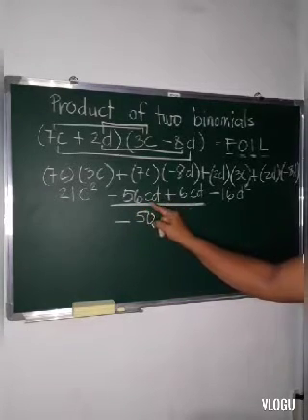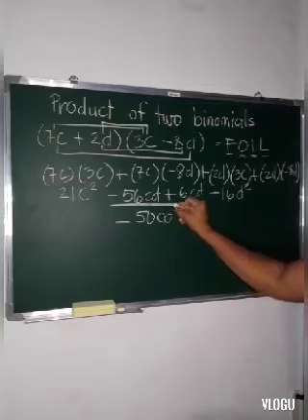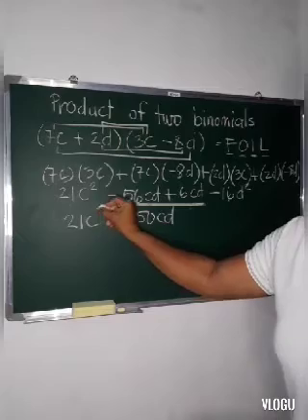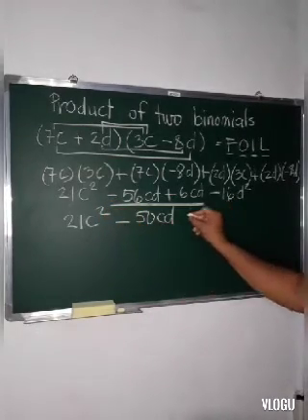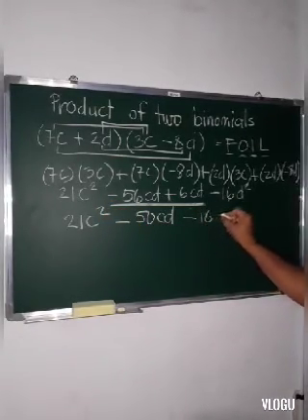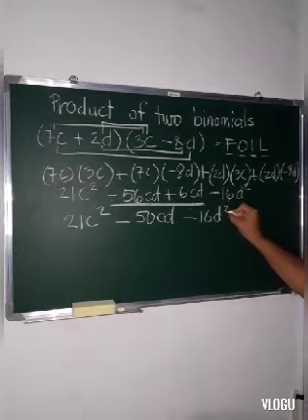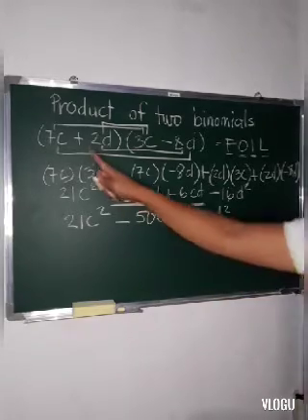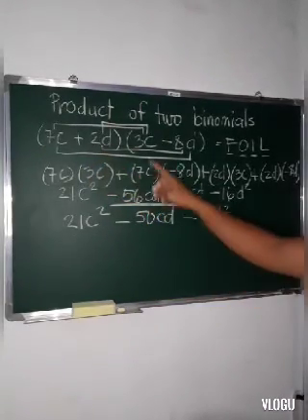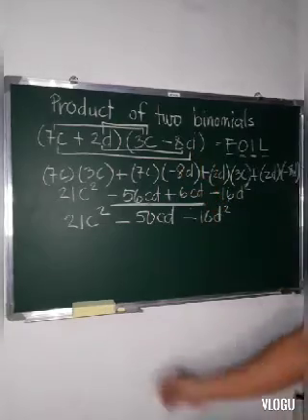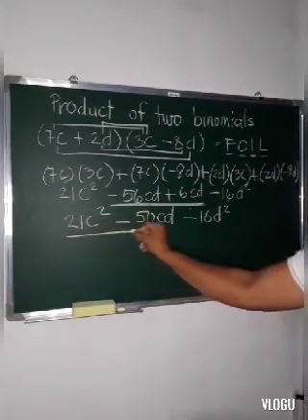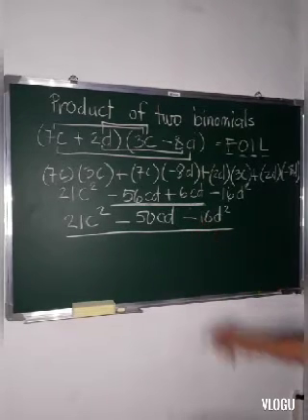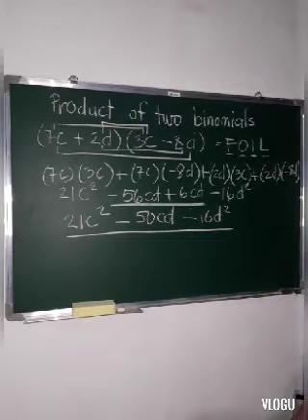And then copy CD. And then next, copy 21C squared. And then bring down 16D squared. Therefore, the product of 7C plus 2D and 3C minus 8D is equal to 21C squared minus 50CD minus 16D squared.